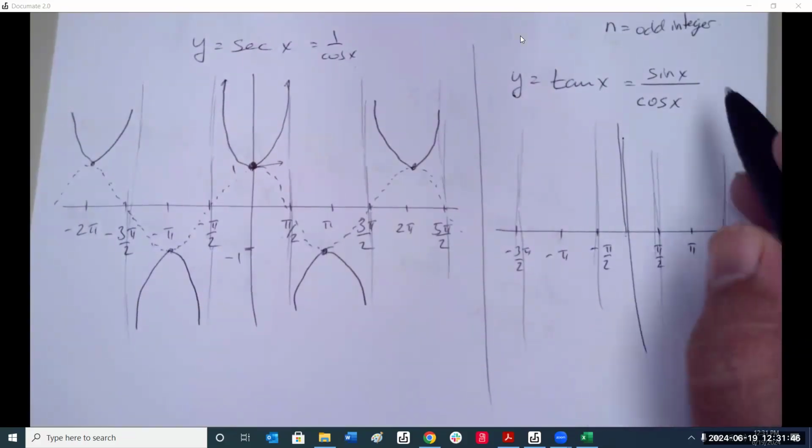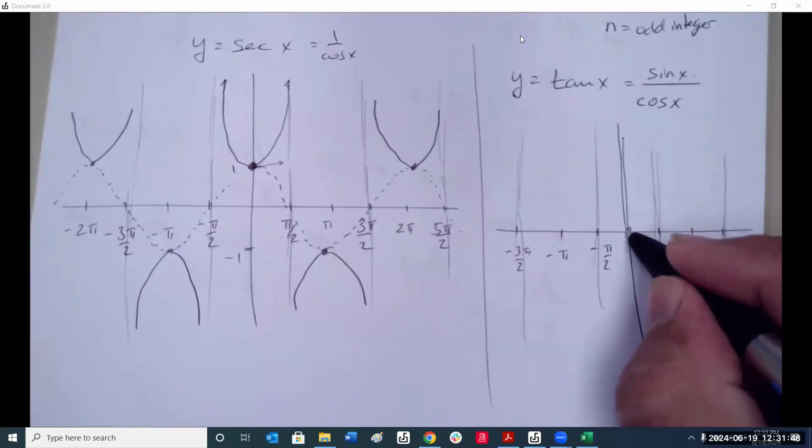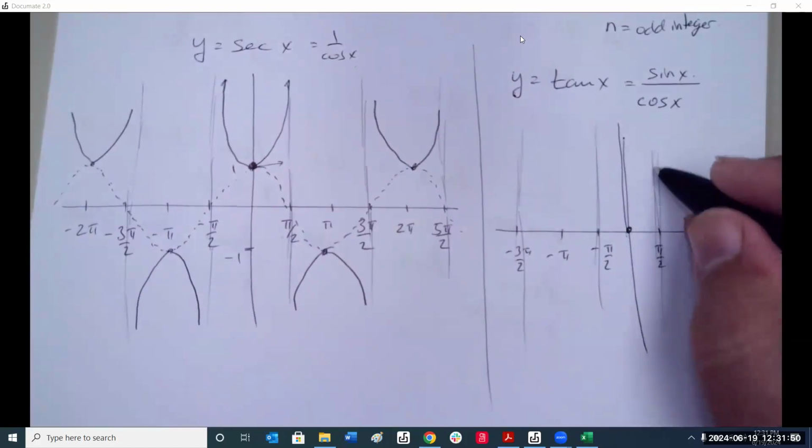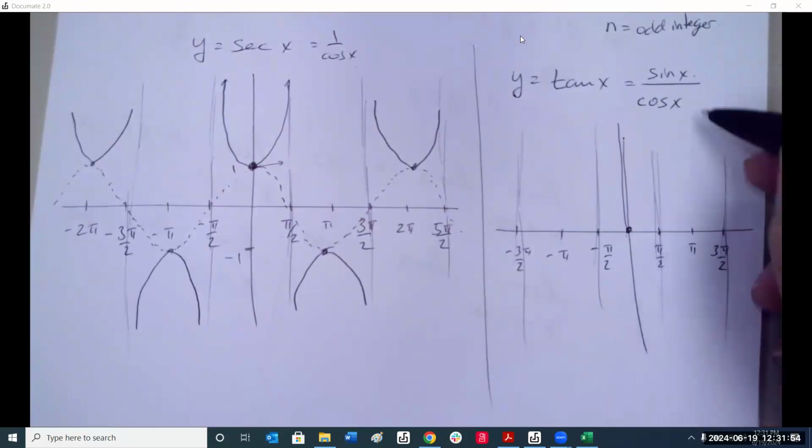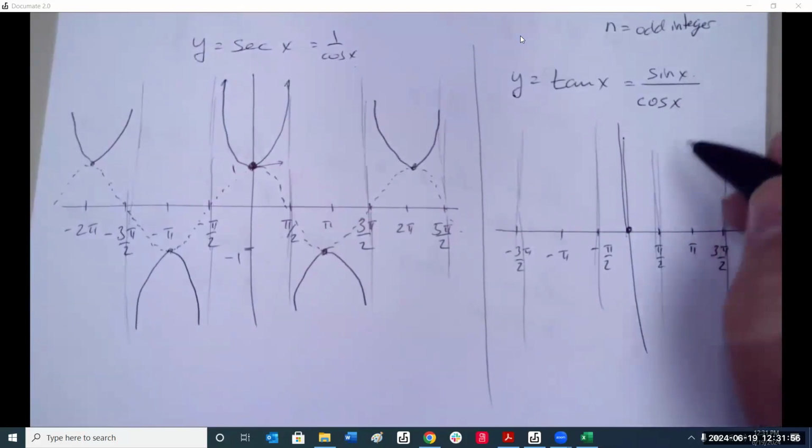At 0, sine is 0, cosine's 1. As we get closer to pi over 2, this one goes to 1, that goes to 0.